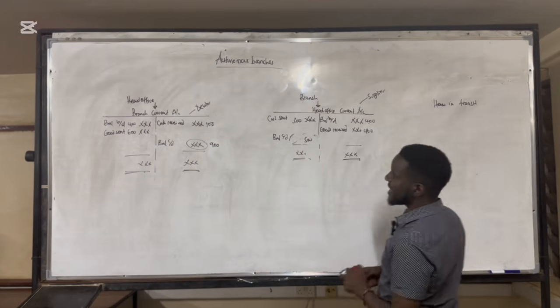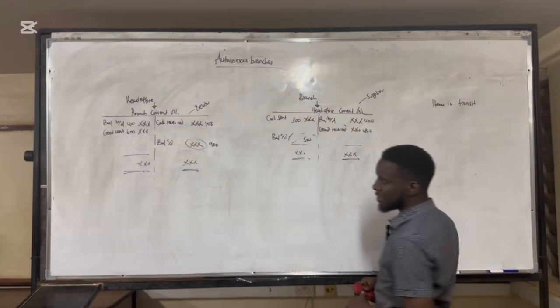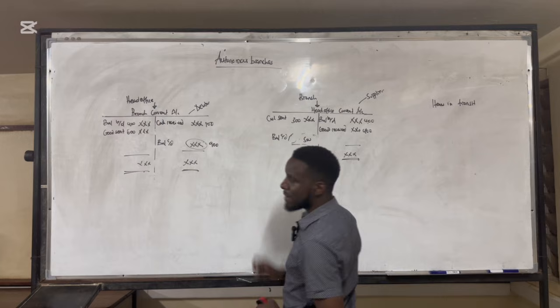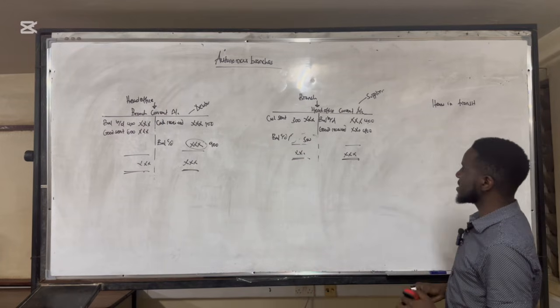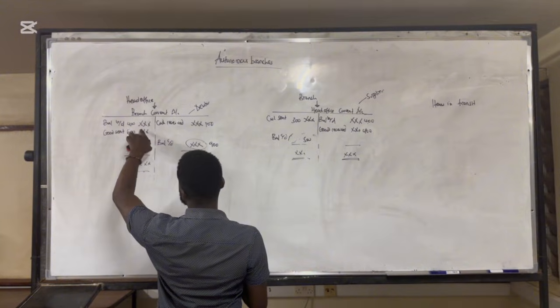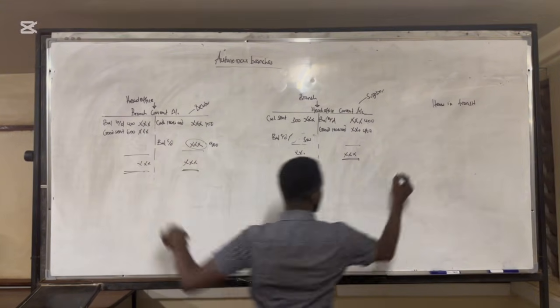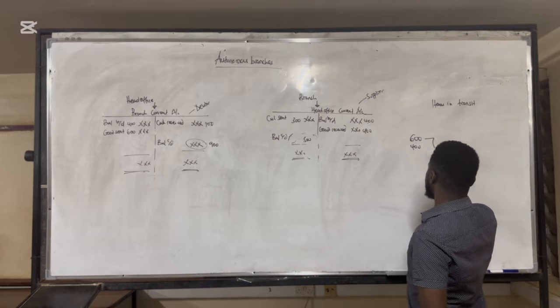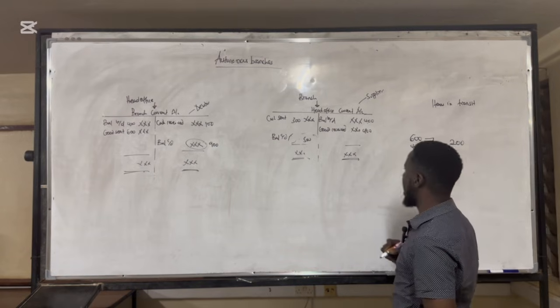So that means there's a difference of 400. That's why these accounts are not balancing up. And if you check the difference, the difference is that the goods that they sent here were 600, okay, but they only received 400, meaning there are goods in transit of 200.